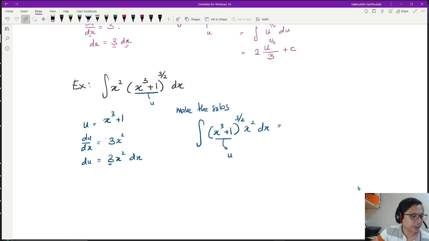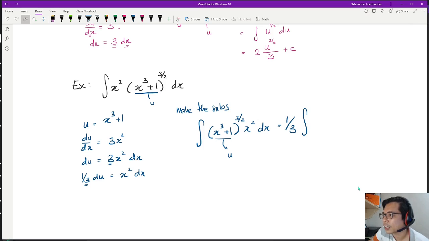So what do we do? We just add 1/3 at the front, because 1/3 of du is basically x squared dx. We just put 1/3 in the front.